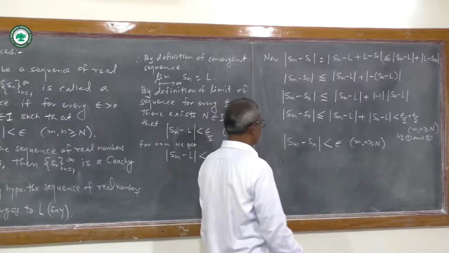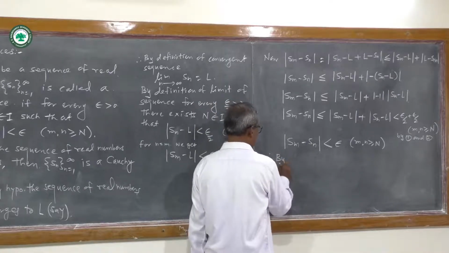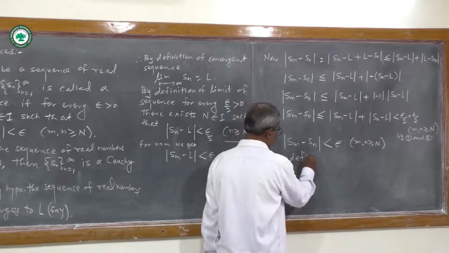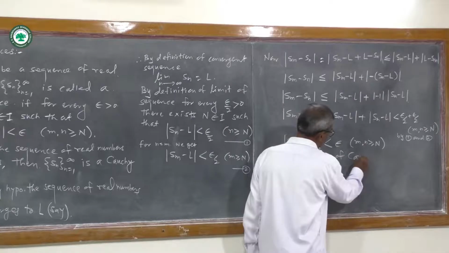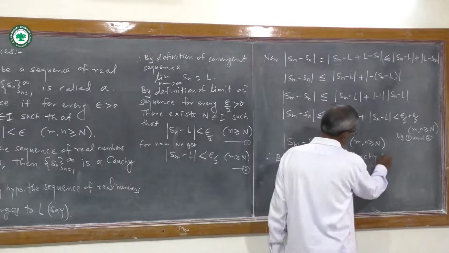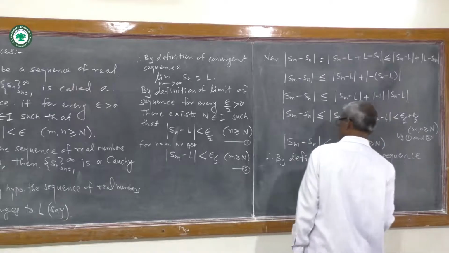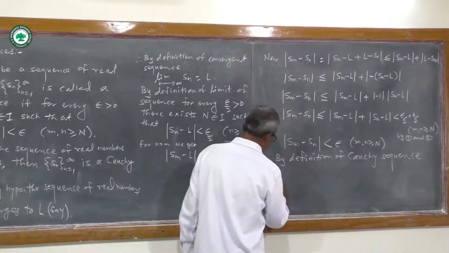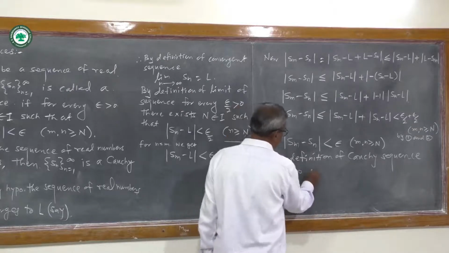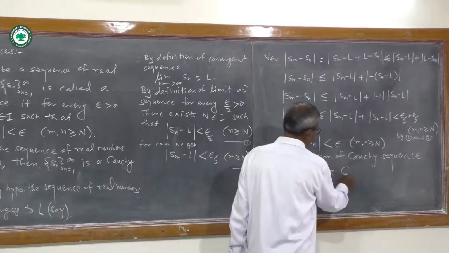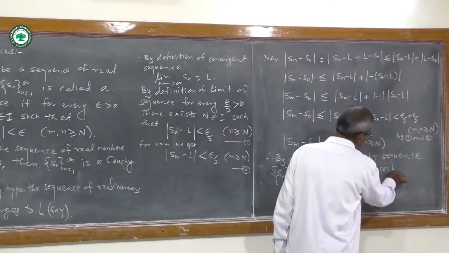Therefore, by definition of Cauchy sequence, S suffix n, n equal to 1 to infinity is a Cauchy's sequence.